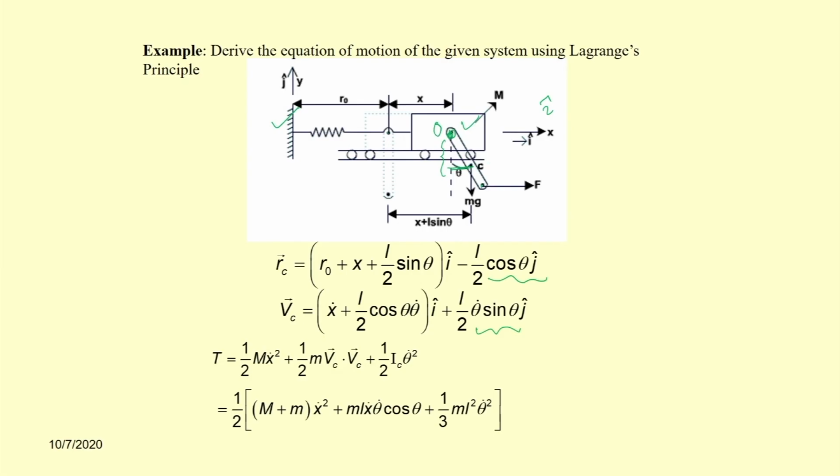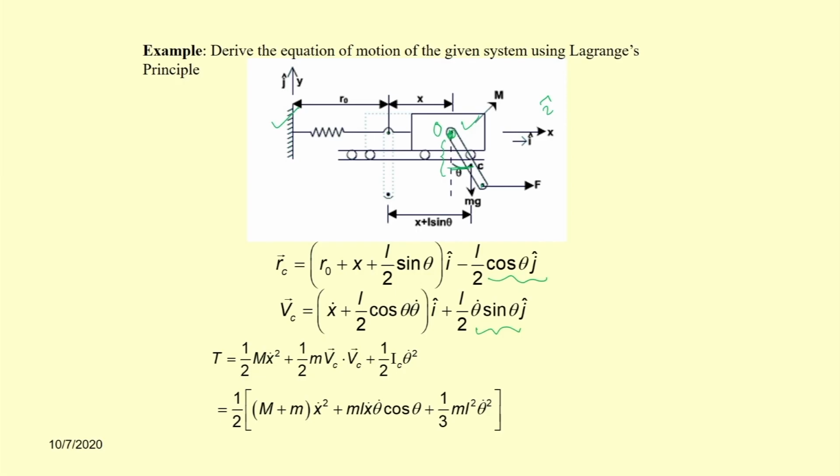By writing about C, you can write this is equal to half m v c dot v c, that is velocity dot velocity, so half m v square plus half I c into theta dot square.